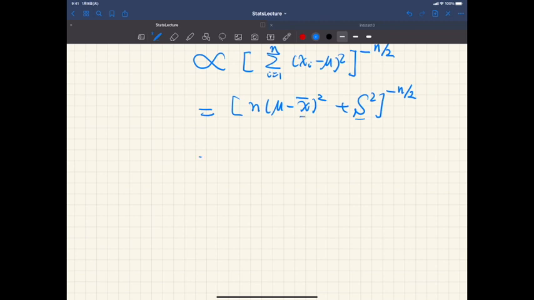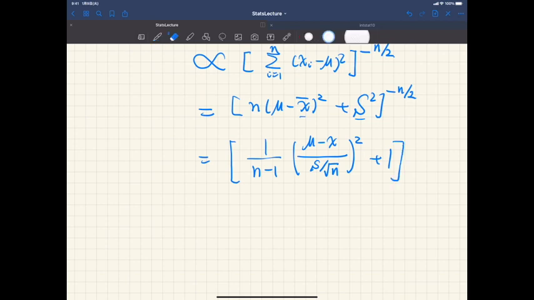And this is equal to 1 over n minus 1, mu minus x bar and s over square root of n, squared, plus 1. Actually, this is not equal, this is proportional to.